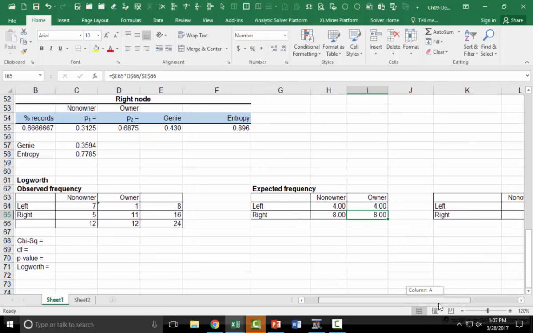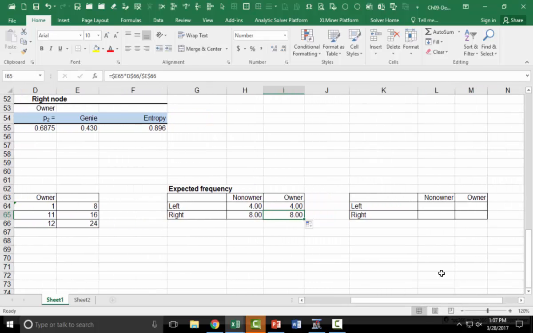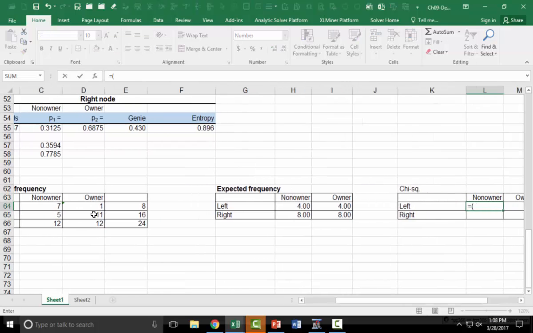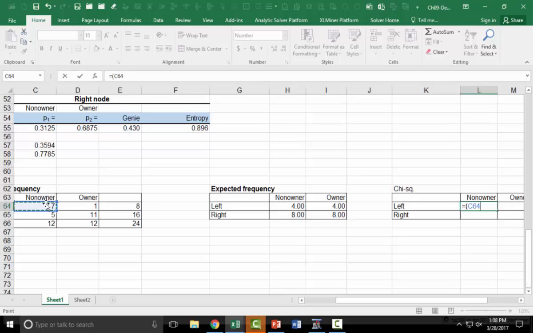Okay. So now the chi-squared, so this is our chi-squared. Chi-squared is observed frequency minus expected frequency. That should be squared, okay, divided by the expected frequency.